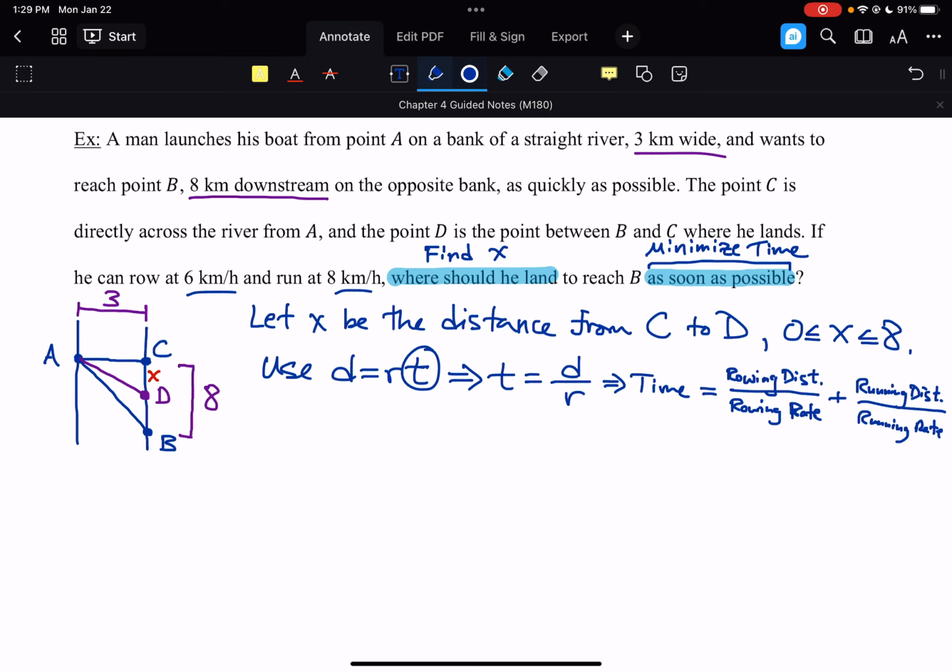And we can figure out, we know the rates right off. The distance will be written in terms of x. So we're going to get t of x.